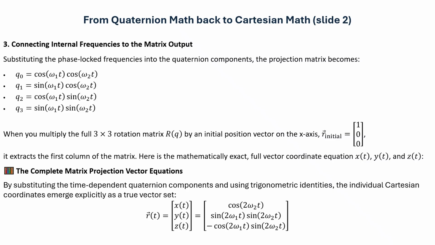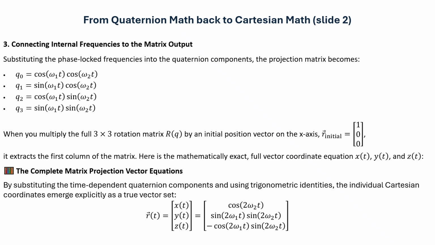We get the four possible combinations of omega 1 times t and omega 2 times t, cosine and sine, respectively. We can multiply that by an initial position vector. We need to choose the initial state to calculate. We need to know the position at some point in time in space to calculate where it's going to be next.